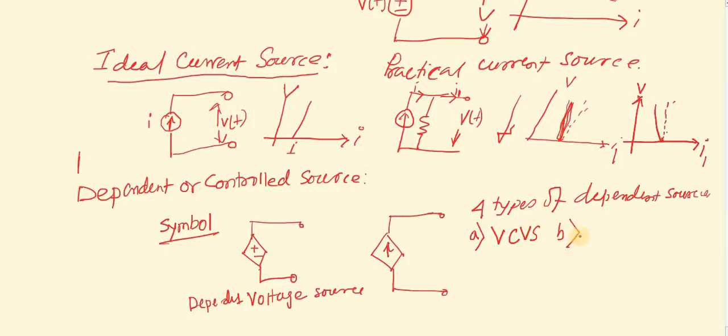Then the current control voltage source. Then the voltage control current source. And lastly, the current control current source. These are the four types of dependent sources.